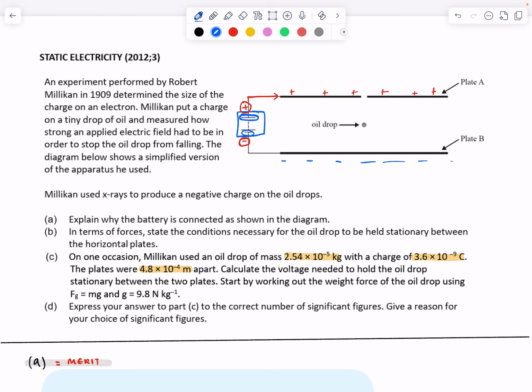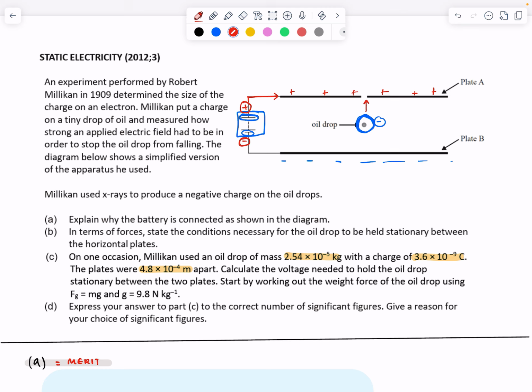So how does this setup allow the oil drop to float? Well, as you can see, this oil drop is negatively charged. By having the positive plate up top, there is going to be a force that pulls the oil drop upwards.